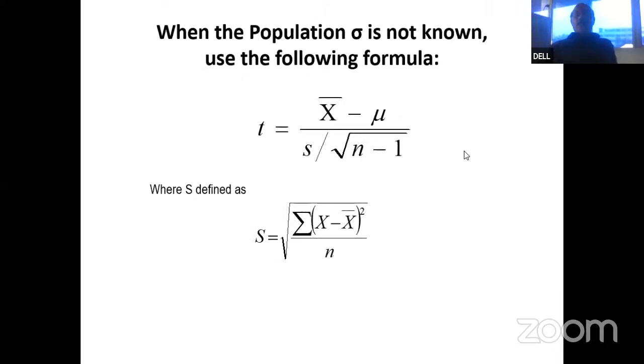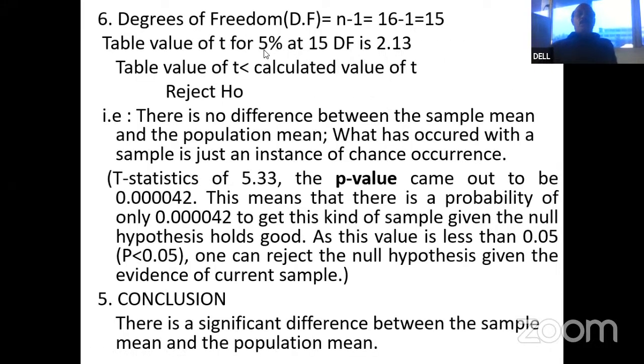The degrees of freedom is 16 minus 1, that's 15 degrees of freedom. So we need the table value at 5% for 15 degrees of freedom. Whenever the level of significance is not given, usually we can assume 5% to test the accuracy.